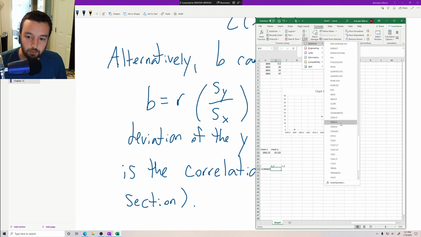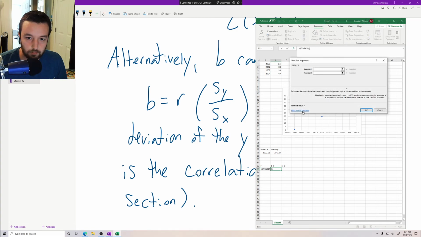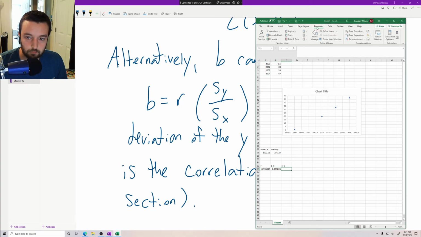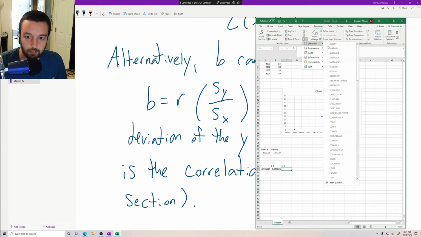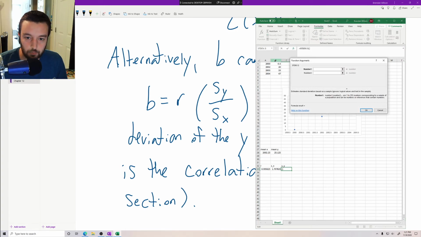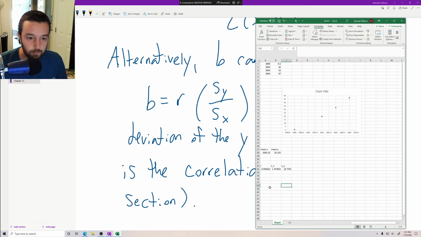Standard deviation, this is the sample standard deviation of x would be these ones, and then y would be these ones. Okay, so we got everything we need now.